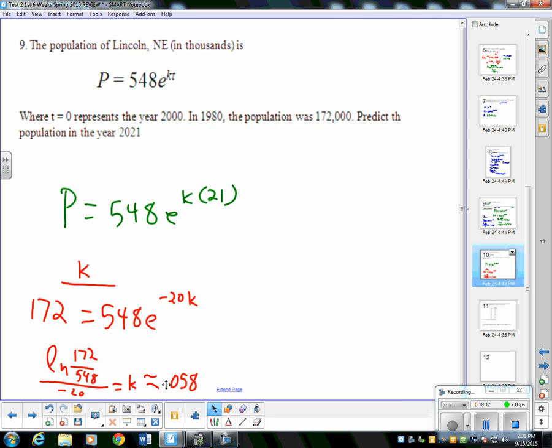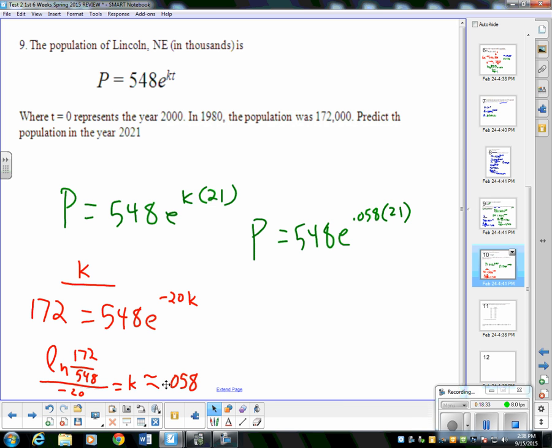Okay, so now the rest of it's easy. What's our population for Lincoln, Nebraska? With k = 0.058, in the year 2021. So that's going to be 21 right there.